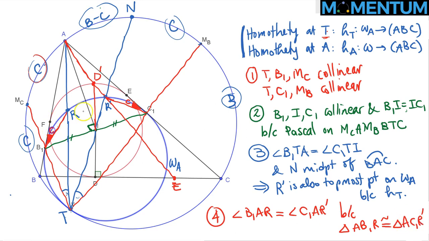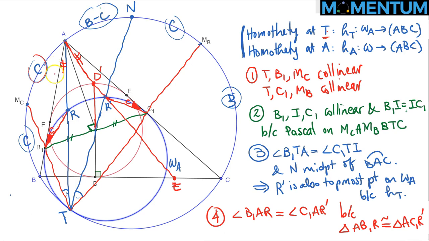And we already established those two angles are congruent. Obviously, due to equal tangents, AB1 is equal to AC1. And lastly, the arcs B1R and C1R prime are measuring the same, so therefore the chords themselves are also equal. So side angle side. Whew. So therefore, due to congruence of the triangles, these two angles measure the same. And this is critical for us. So that's everything. All these arguments are reversible.